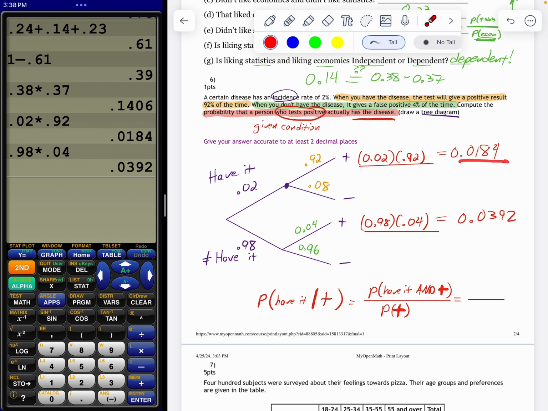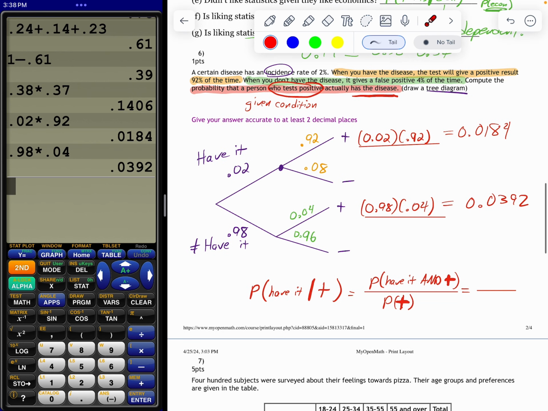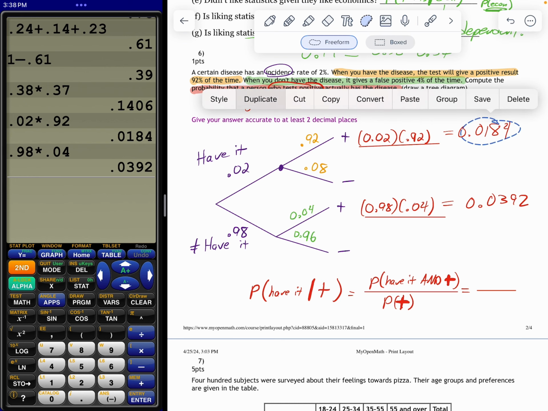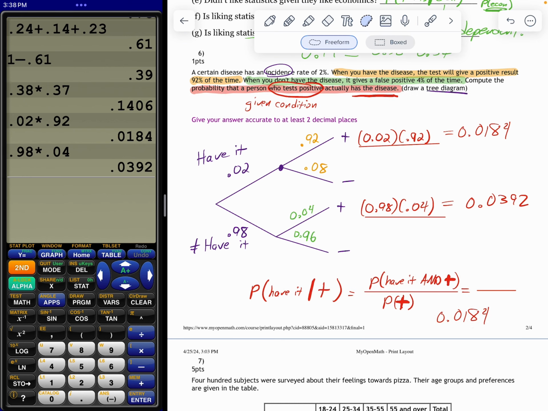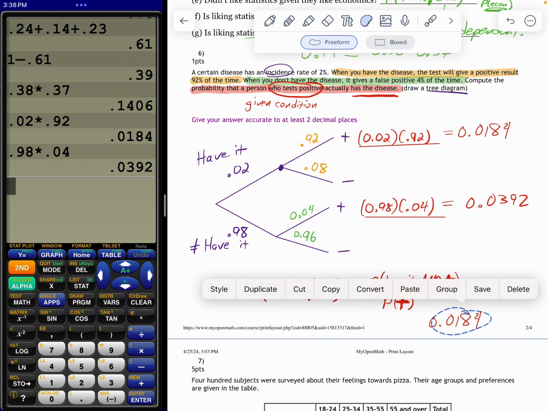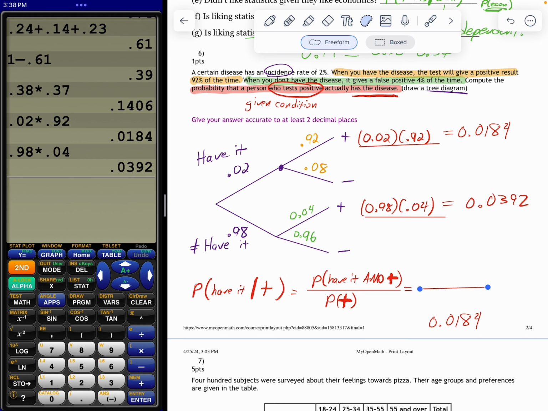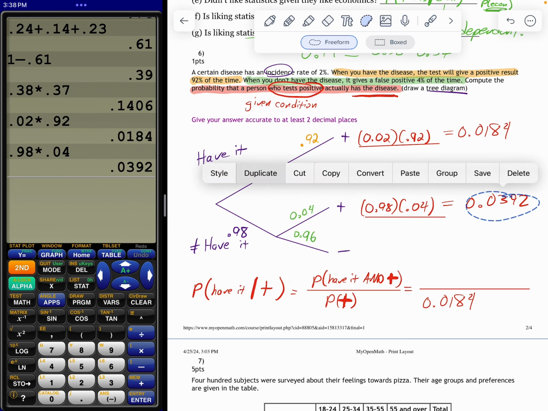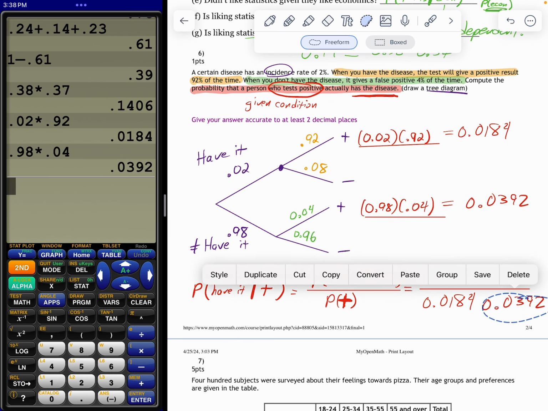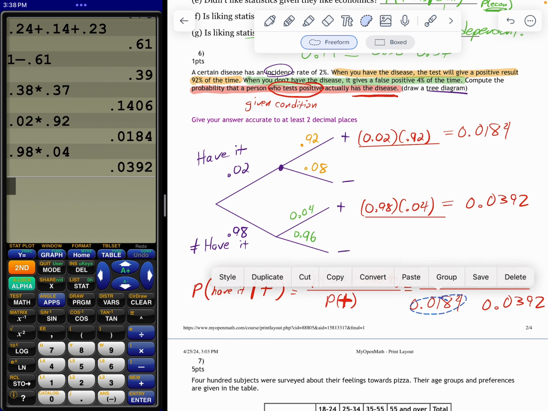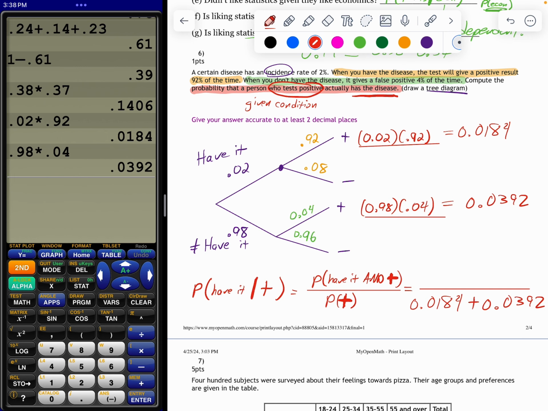That happened in both of these, so I need to add those up. Let me just do some copying. Run out of room. So when you run out of room, make more room. Okay, so the denominator is the two ways to get a positive test.